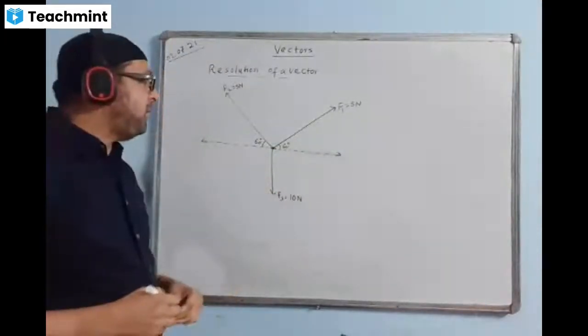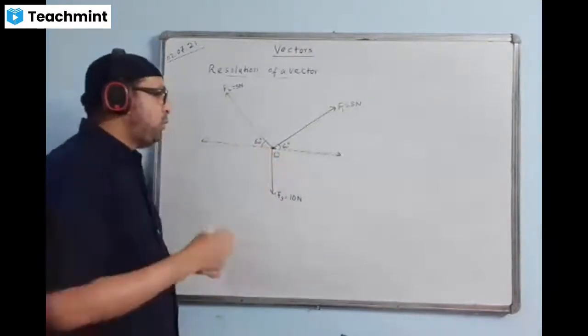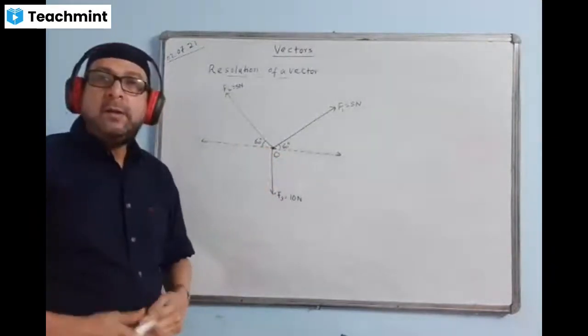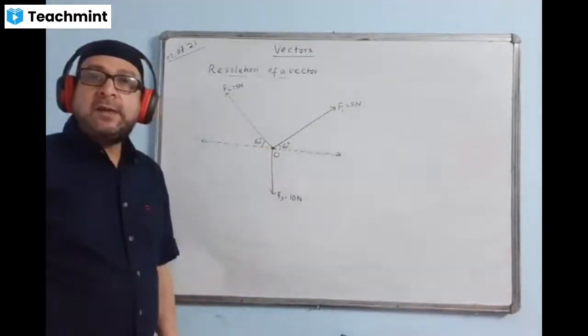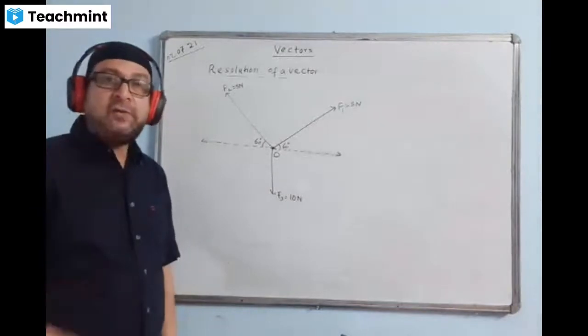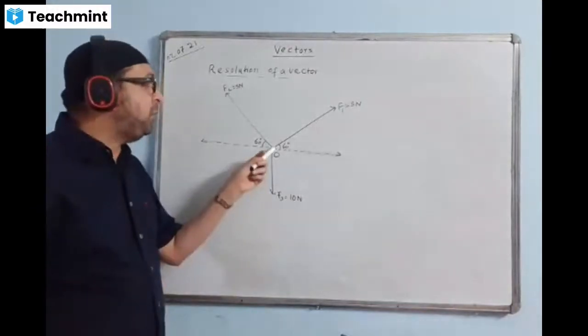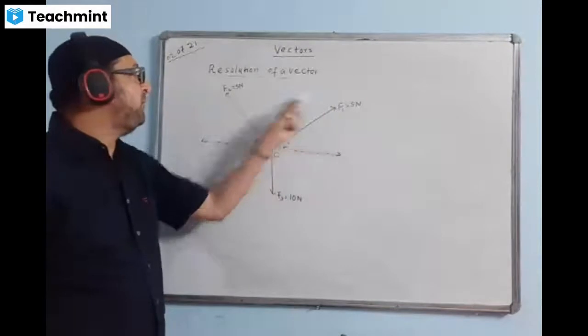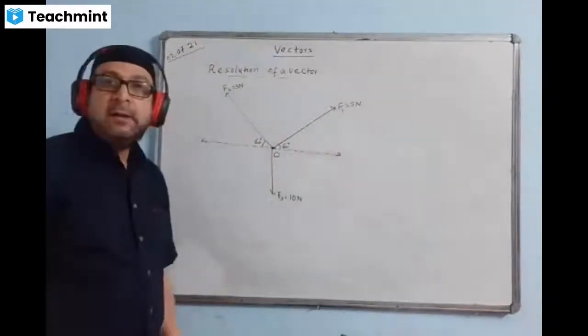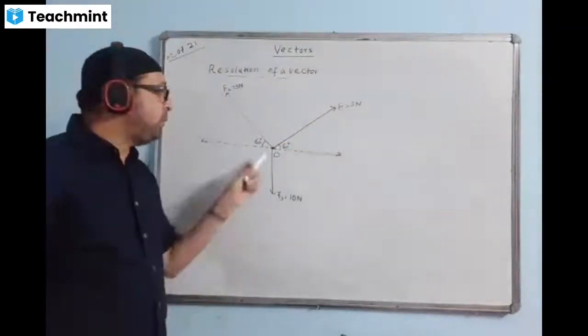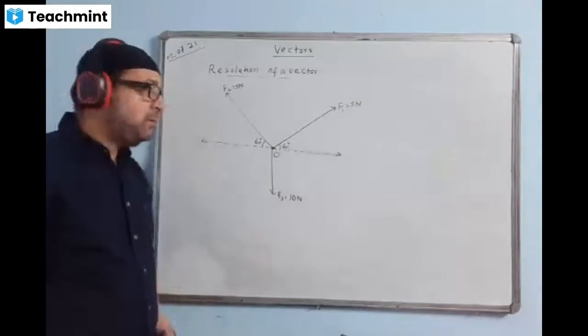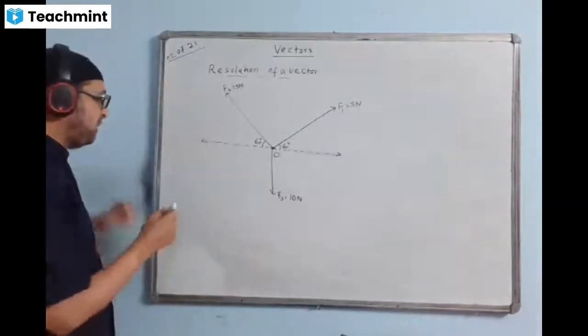This is the diagram given, and here is the point O. The question is asking you to find the total force, or the net force, acting at the point O. There are three forces given, F1, F2 and F3. You have to find the total force at the point O. This is the question. Now see the answer.